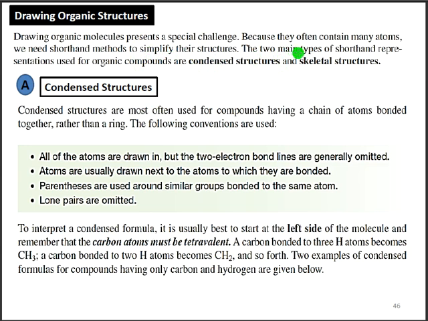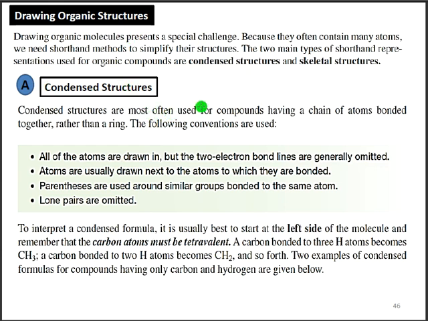The 2 main types of shorthand representation used for organic compounds are the condensed structure, التركيب المكثف, and the skeletal structure, التركيب الهيكلي.